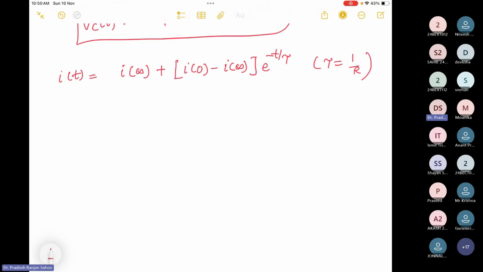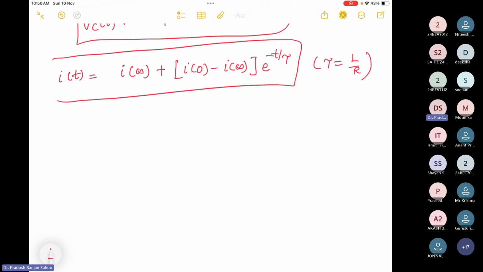L by R or R by L? L by R. Tau equal to L by R. Regarding some problems of this, I'll solve them and post on YouTube.